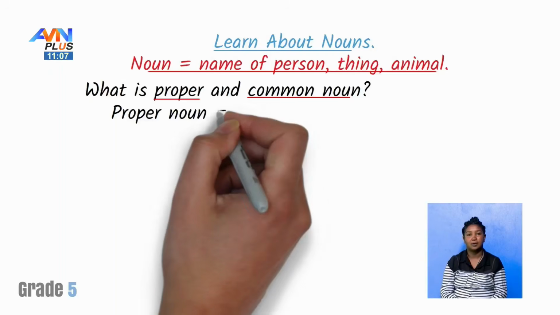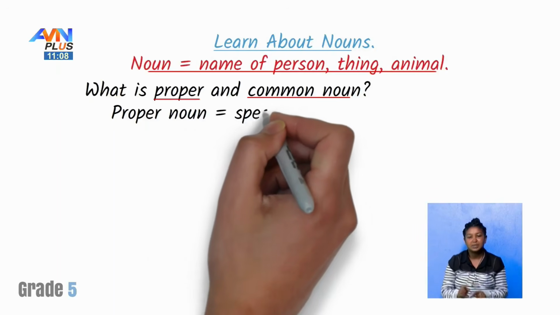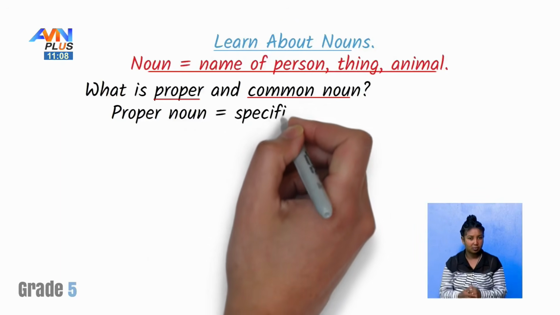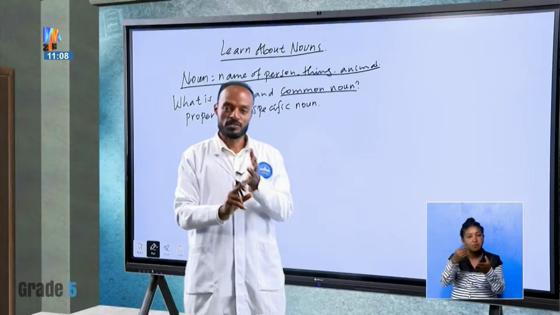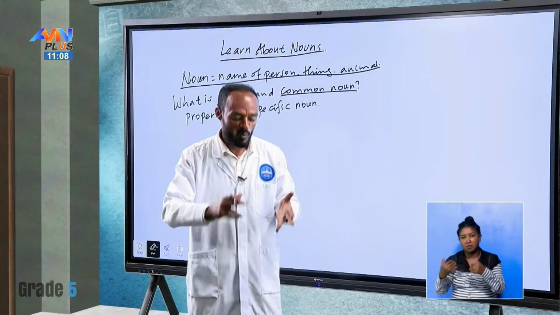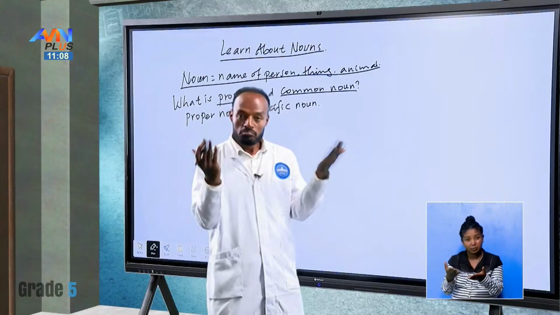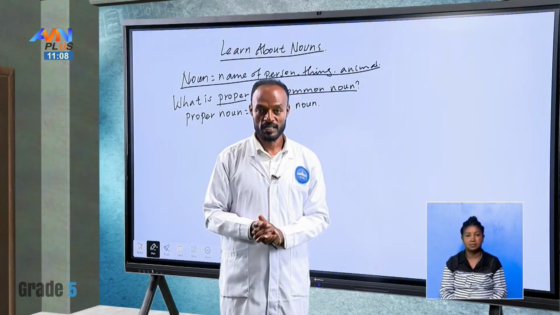Proper noun is specific, okay? It is a specific noun or the specific name which can be given for a person, for an animal, or for a thing, okay? Is it clear? Good.